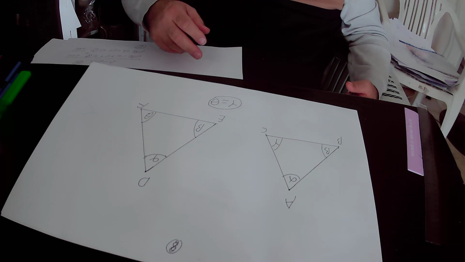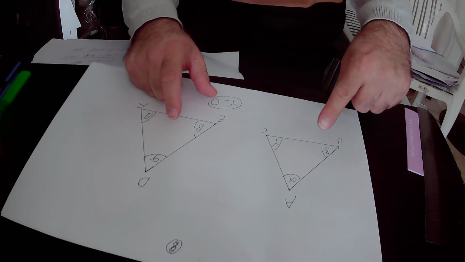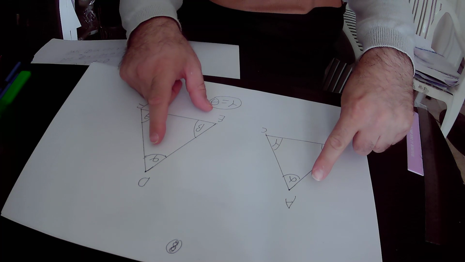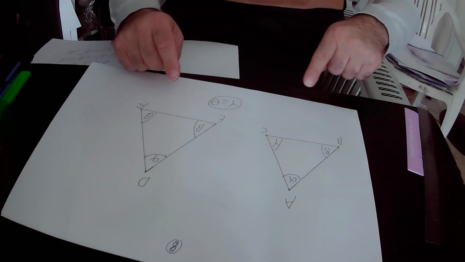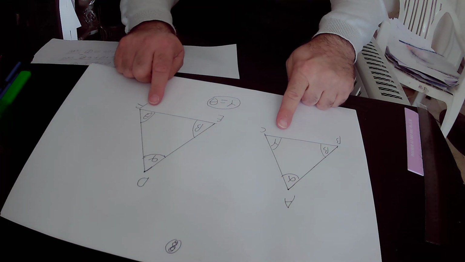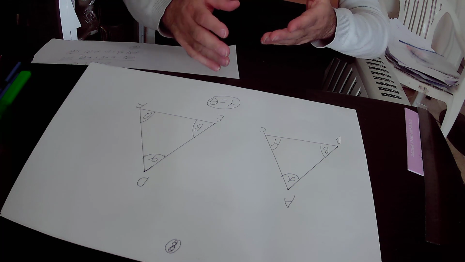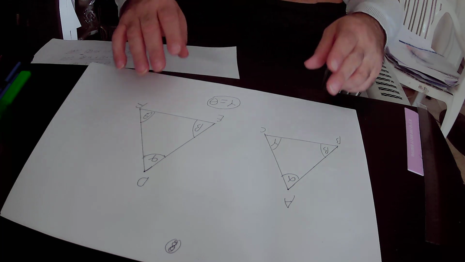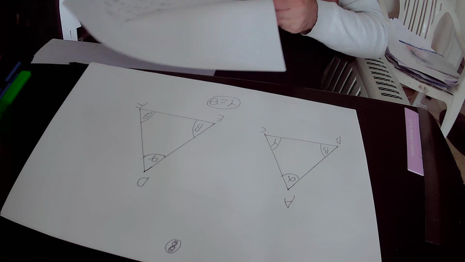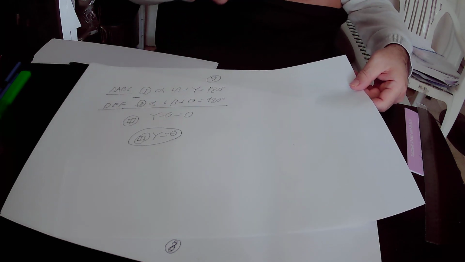If we know that in two triangles, two pairs of angles are congruent to each other, then the third pair of angles must also be congruent, that is to say angle gamma equals angle theta, and I proved that indeed angle gamma equals angle theta in those two triangles.